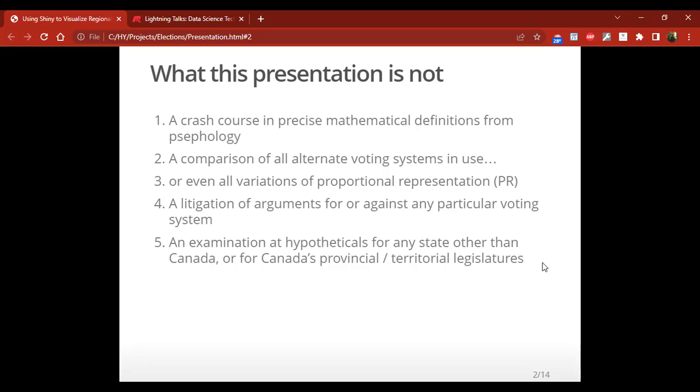There have been voting reform attempts both in Canada, which is the subject of today's talk, and in the UK, and probably others.